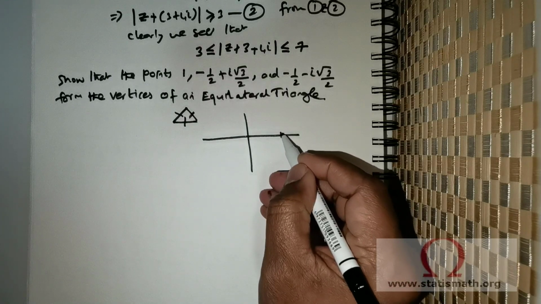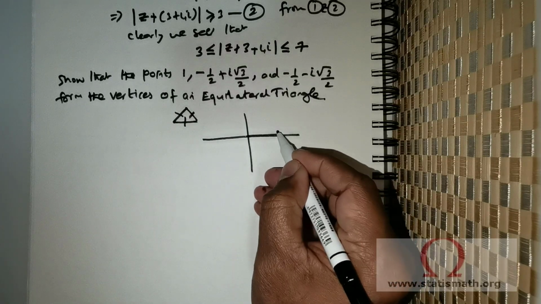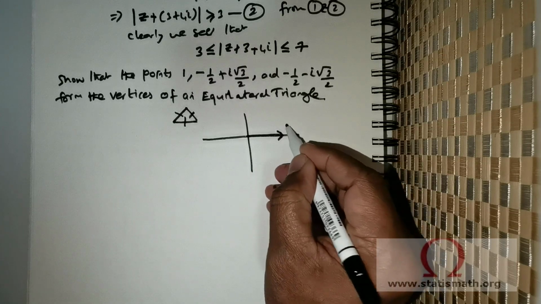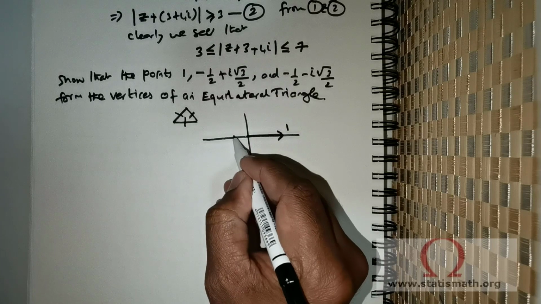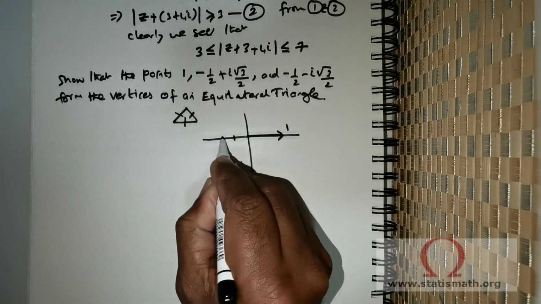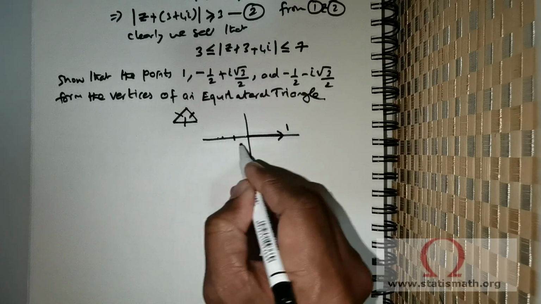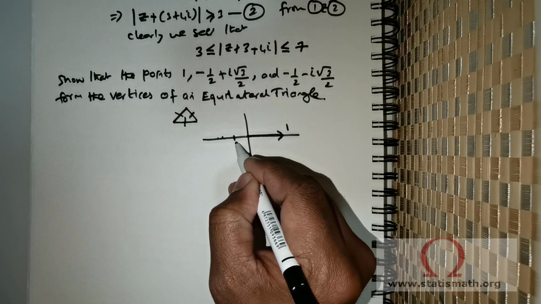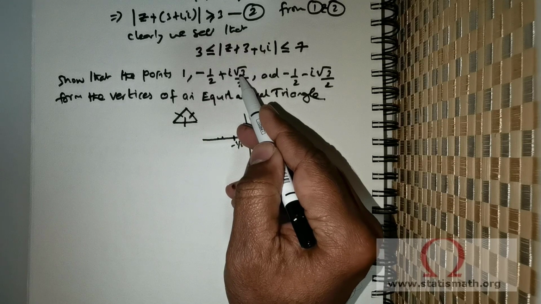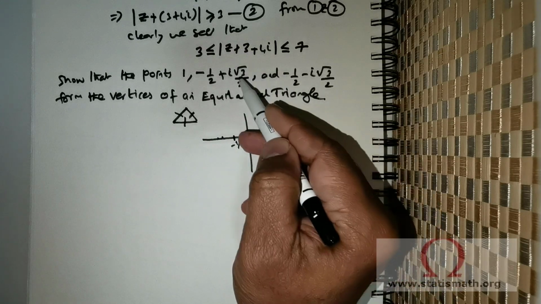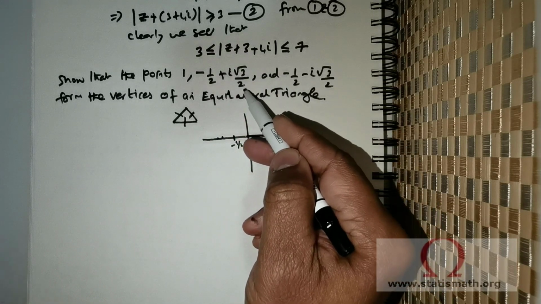So 1 is going to be over here. So this is going to be the point 1. Now the next point is negative 1 over 2. So negative 1 over 2 starts over here, because if I take this as 1, negative 1 over 2 is 0.5. So that's going to be over here, negative 1 over 2. But the component is positive i root 3 by 2.